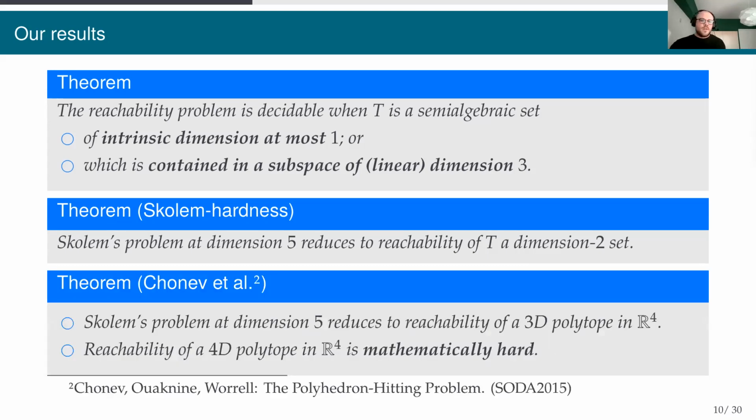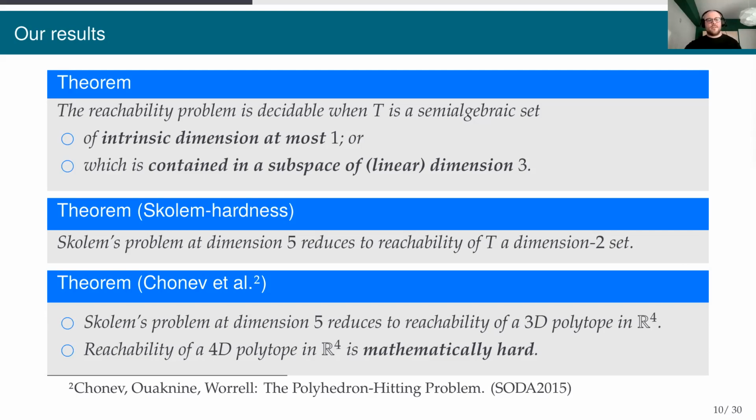And to close the picture, there's a recent result saying that, again, you have hardness if you allow your objects to lie in subspaces of dimension more than 3. So if your target is a 3D polytope in ambient dimension 4, then you'll have to solve the Skolem problem.